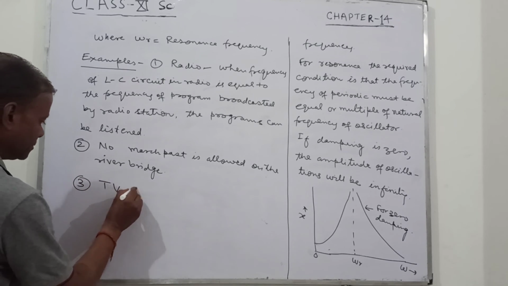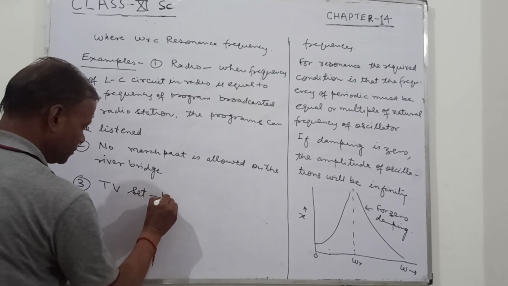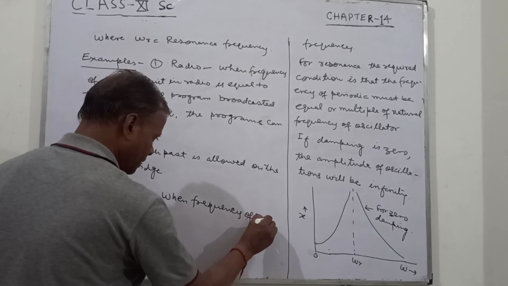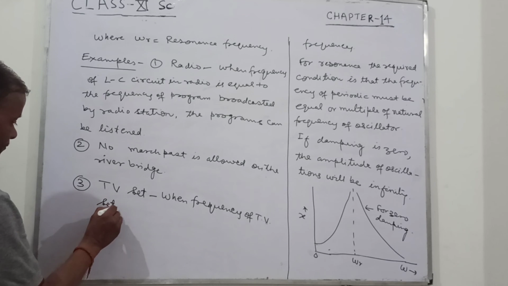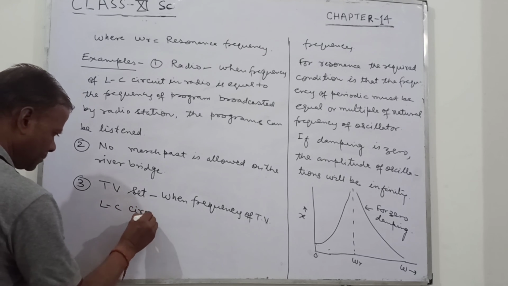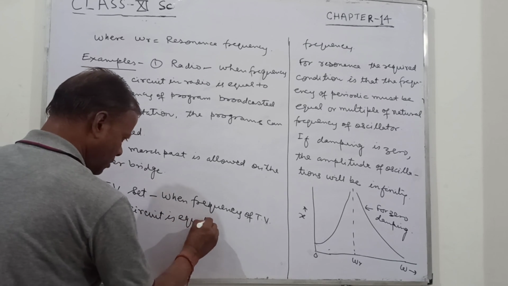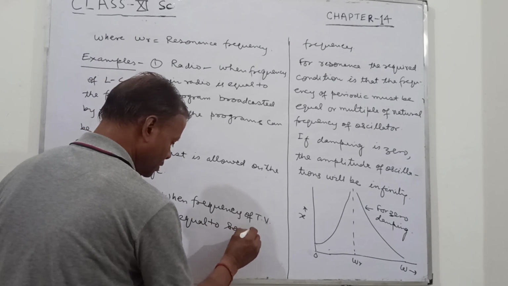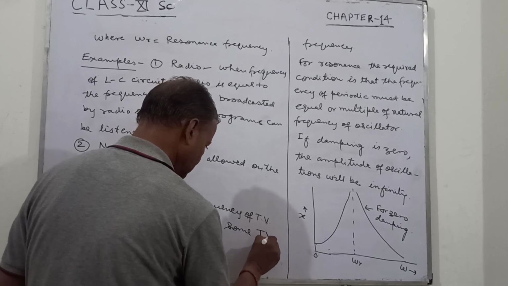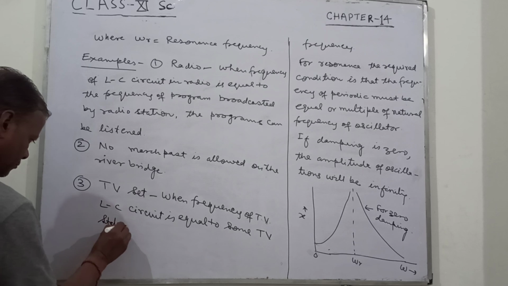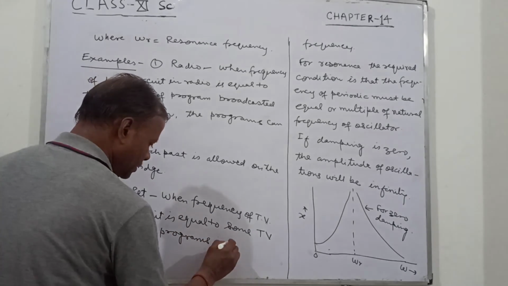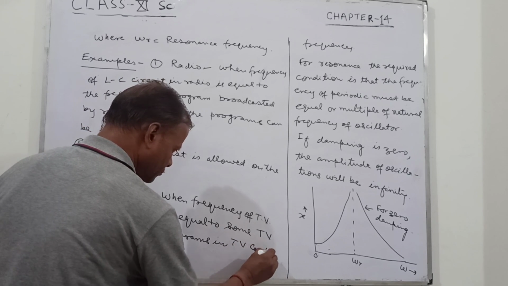When the frequency of the LC circuit of the TV set is equal to that of some TV station, the programs can be received.